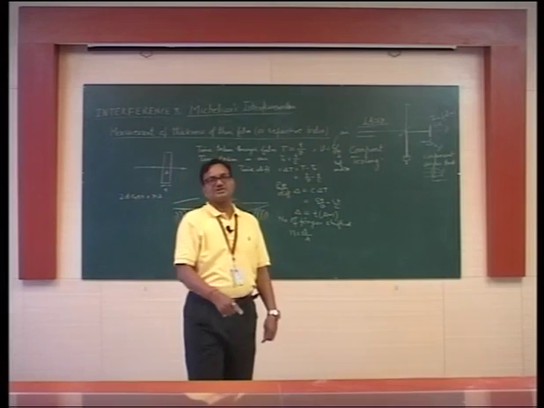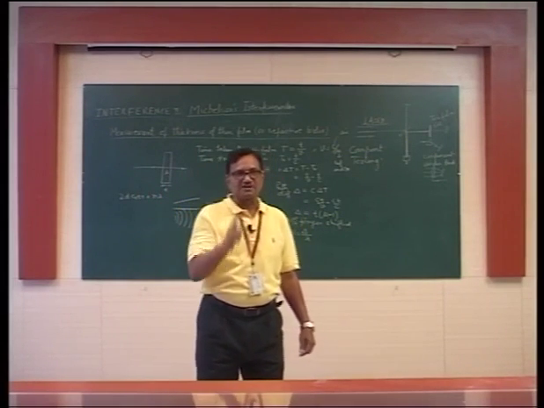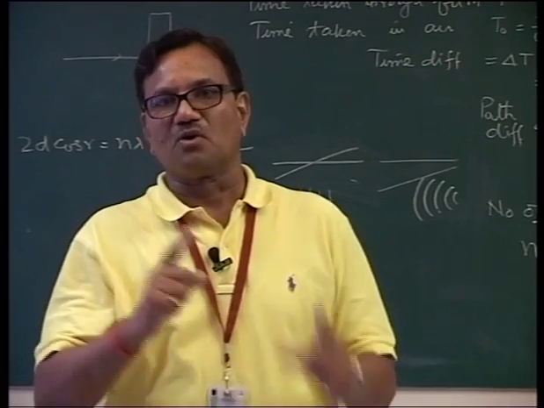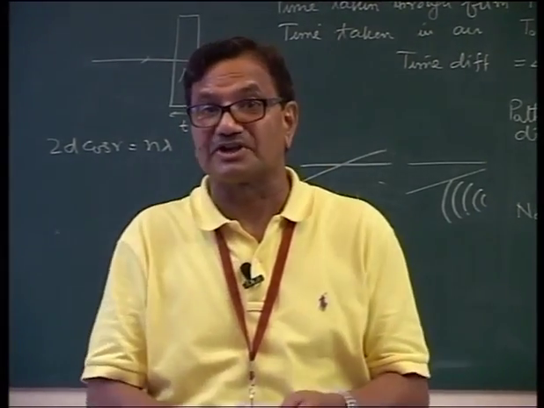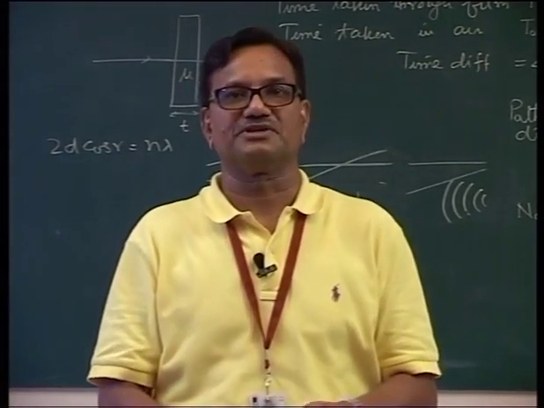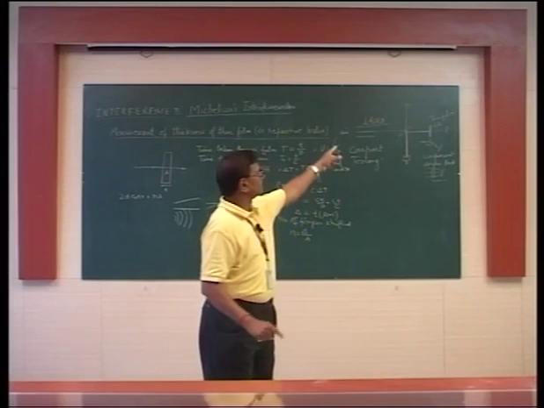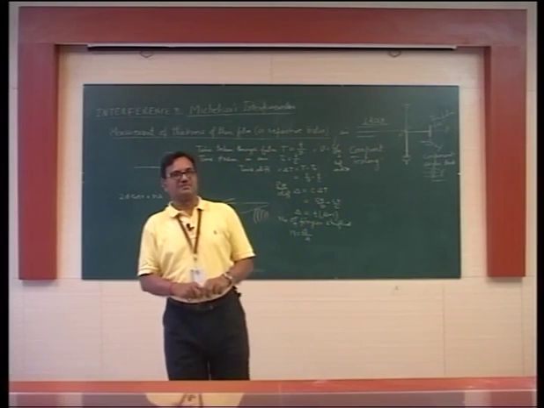When straight line fringes are formed, the central fringe will be white and all other fringes will be colored, and therefore it is possible to ascertain the shift in the fringes when we insert a thin film in the path of one of the beams.